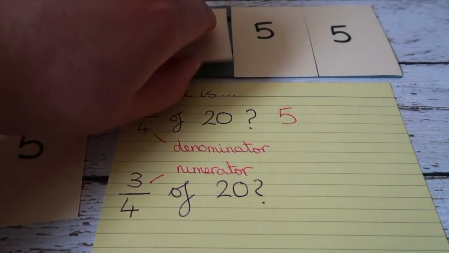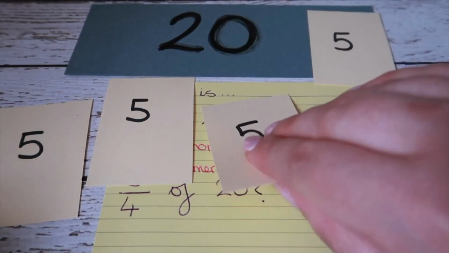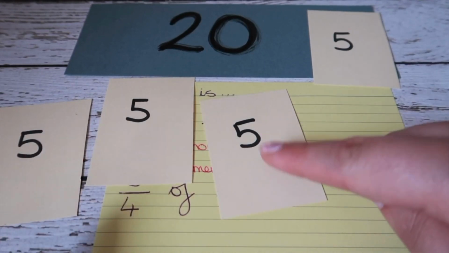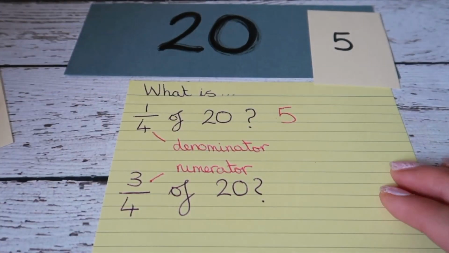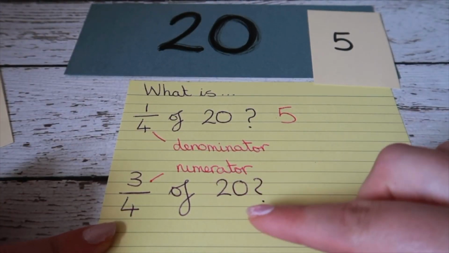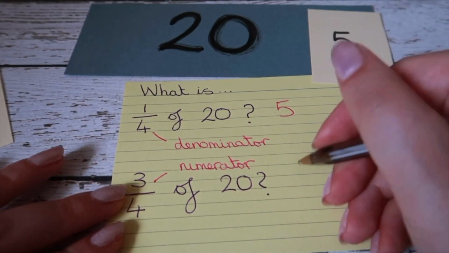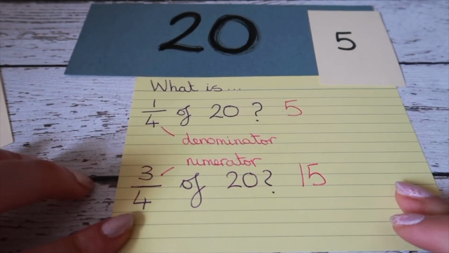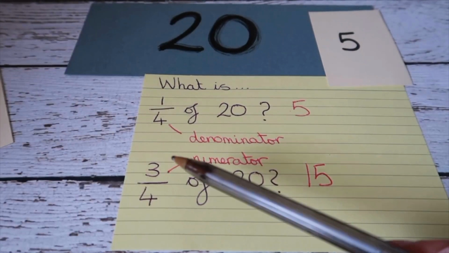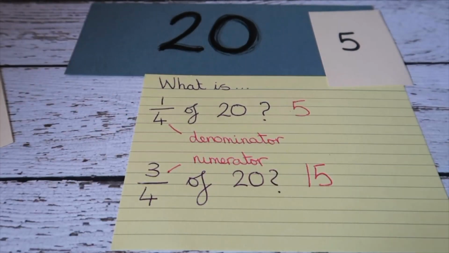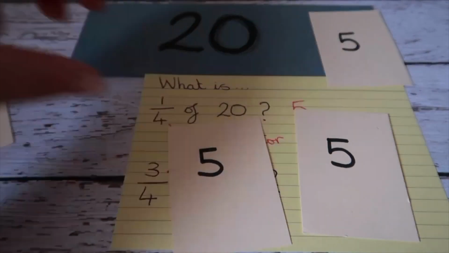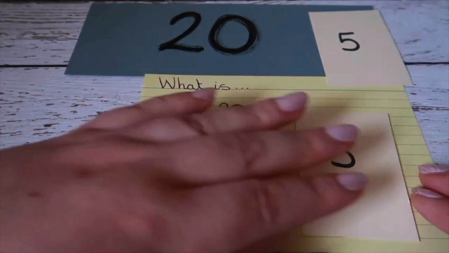So that's 1, 2, and 3, and that's what the question's asking for. So 5 add 5, or 5 times 3, which is equal to 15. So 3/4 of 20 is equal to 15. Remember, the numerator tells us how many of these equal parts we need to add.